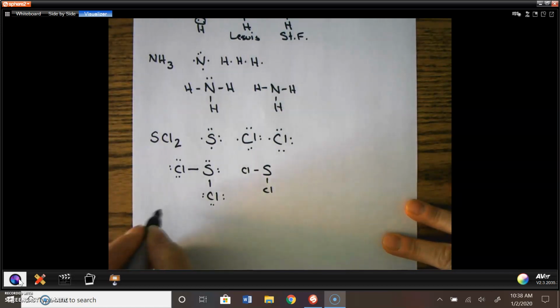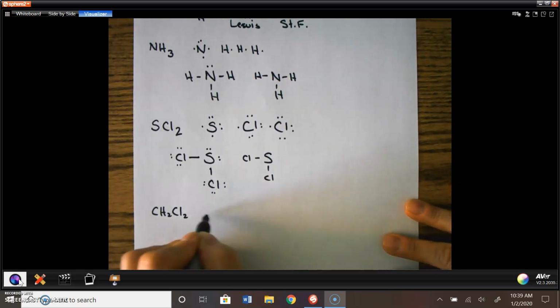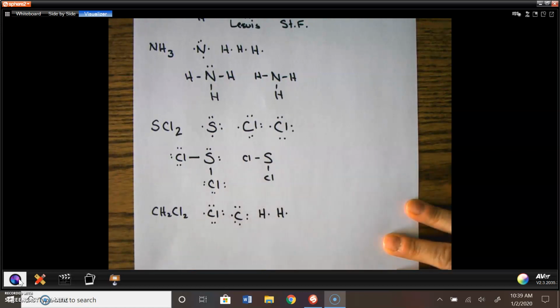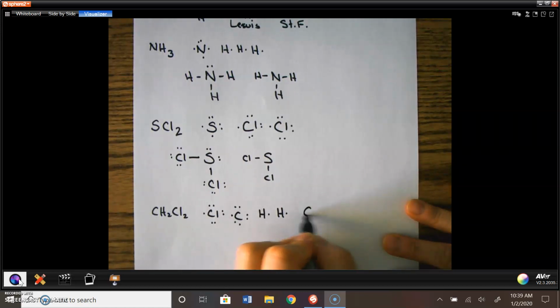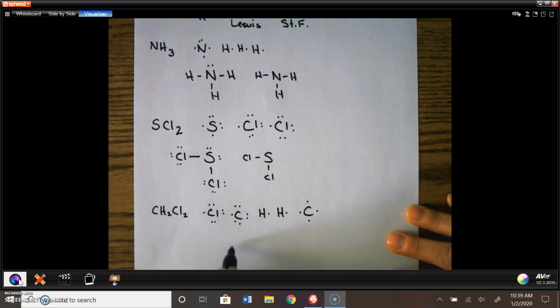Off the cuff here, I'm having a hard time thinking about something. How about CH2Cl2? Okay, so chlorine has 7. Again, you don't have to draw these individually if you don't need to. And then carbon, something new that we've seen, has 4. So carbon has no bonding pairs, so carbon's going to be our central atom.